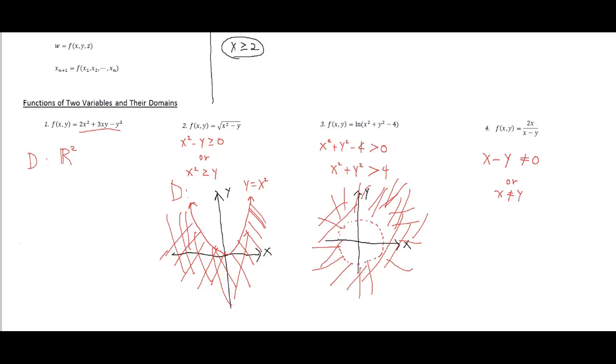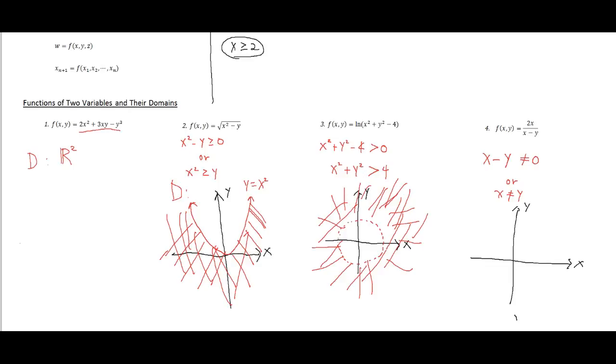So again, geometrically, if I were to visualize the set of all pairs x comma y that satisfy this relationship, it is going to be pretty much everything on the two-dimensional coordinate system. So here is x and y.